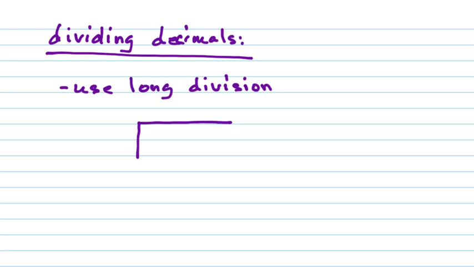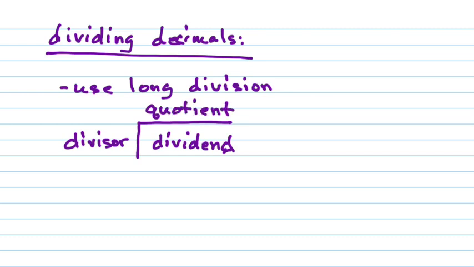You have the number you're dividing into, the number you're dividing by, and then the answer. The one you're dividing by is called the divisor. The one you're dividing into is called the dividend. And we talk about what the answer is called when you divide? Starts with a Q. Quotient. There you are. Good. Excellent. Right? So those three parts.